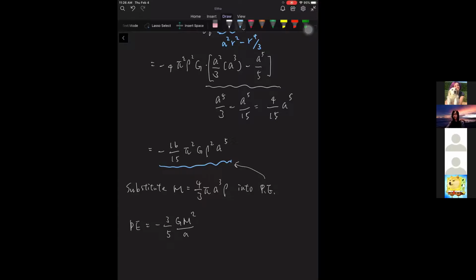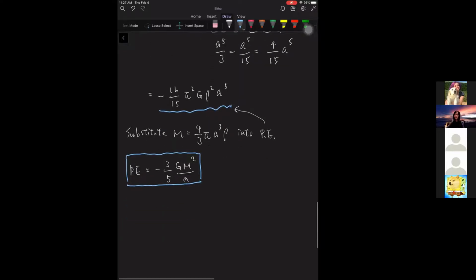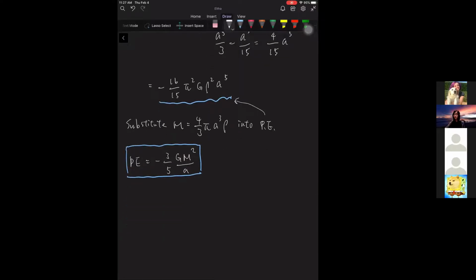Okay. So for the uniform density sphere distribution, we have a potential energy of negative 3/5 gm squared over r. And we can compare this with the general form, which includes the eta.